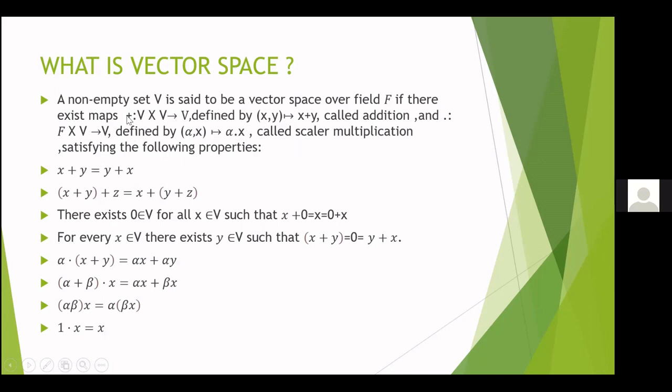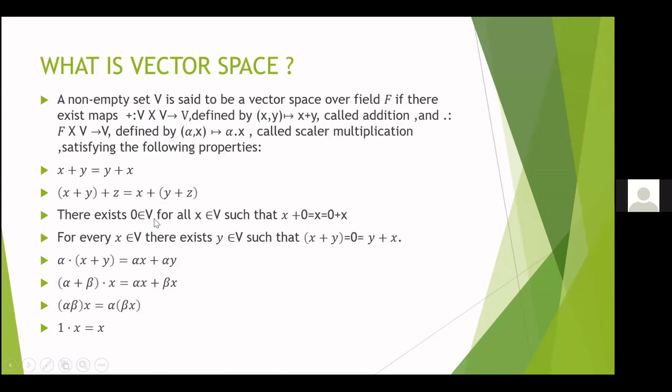V with these two operations is said to be a vector space if it follows some properties. That is, X plus Y equals Y plus X. This is commutativity for addition. X plus Y plus Z equals X plus (Y plus Z). It is called associativity.